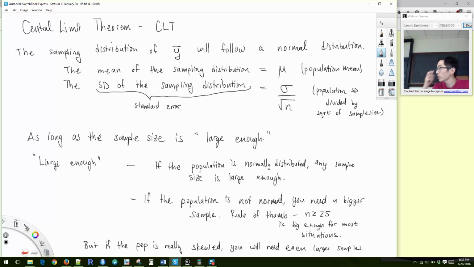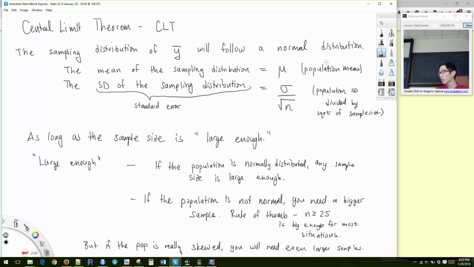Okay? Is this okay? So this tells us that anytime we're taking a sample, and this is a huge thing, no matter what your population looks like, even if you have no idea what your population looks like, if you're taking big enough samples, we know that the sampling distribution of y bar will follow a normal distribution.